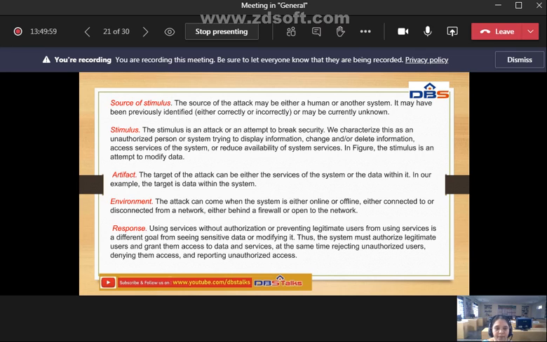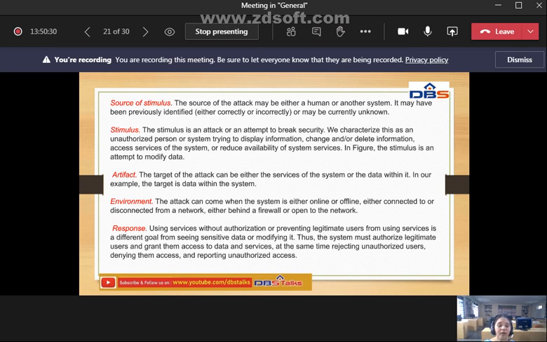At the same time, reject unauthorized users while accepting the authorized persons to get the services and access the data. We need to deny access to them, deny the permissions to those persons, and report unauthorized access.